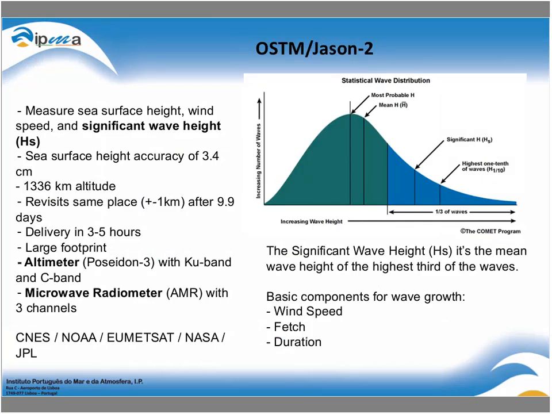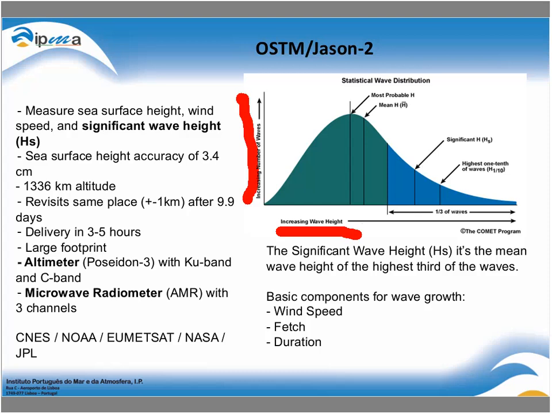So we will also use the altimeter to measure significant wave height. I have here this board just to show you, in case you don't know very well what is the significant wave height. So in this board you can see here is the increasing number of waves, and in the horizontal there is increasing wave height.